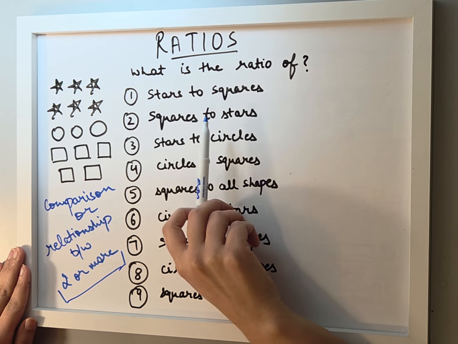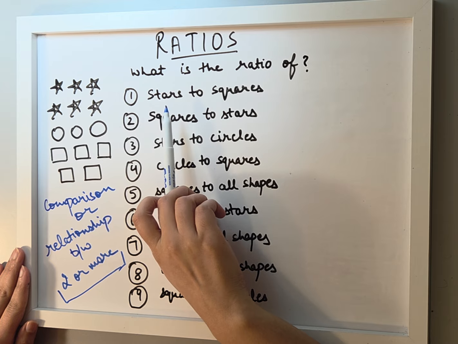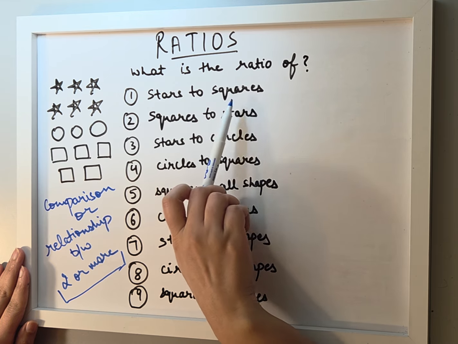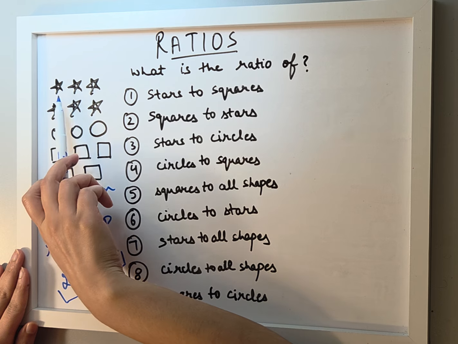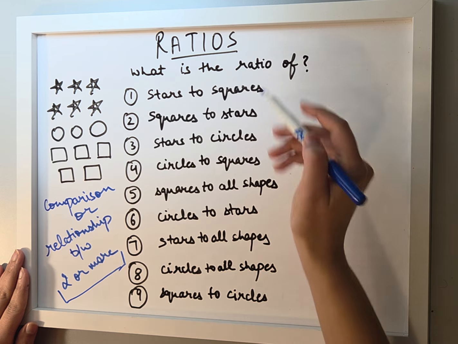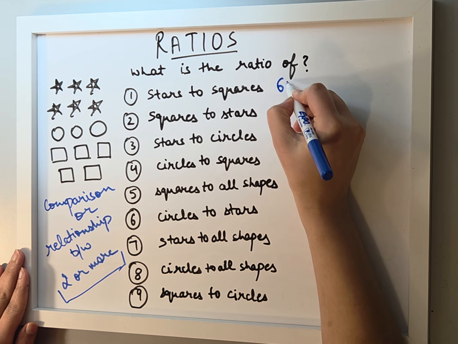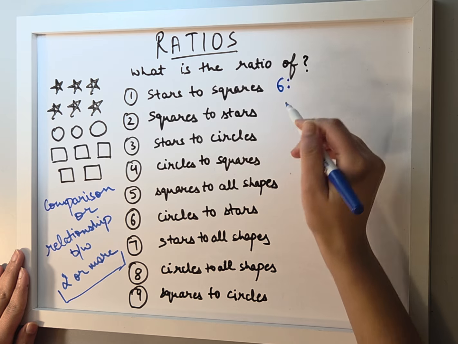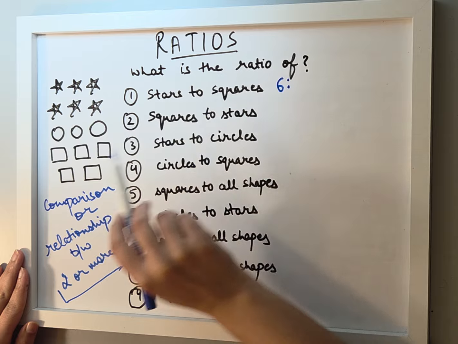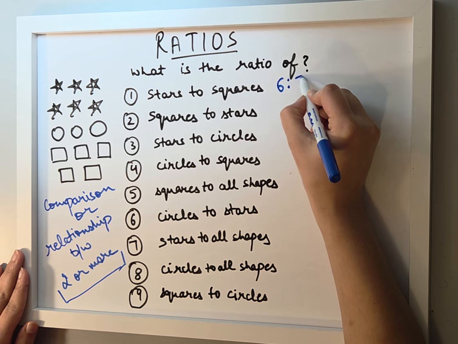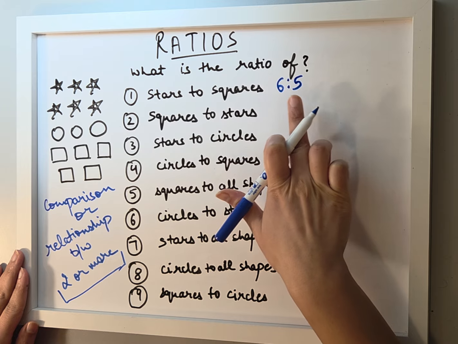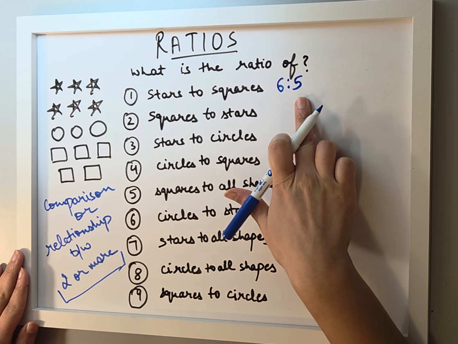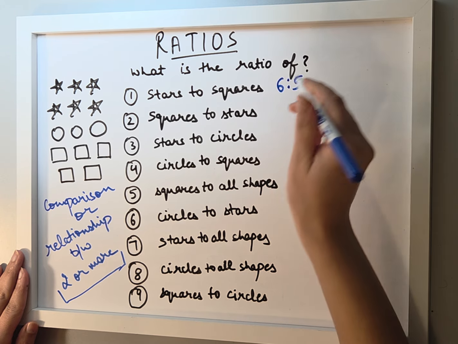So let's start with the first one. What is the ratio of stars to squares? Stars are 1, 2, 3, 4, 5, we have 6 stars here, and we present a ratio by a colon. And how many squares do we have? 5. So we'll say the ratio of stars to squares is 6 ratio 5, or 6 is to 5.